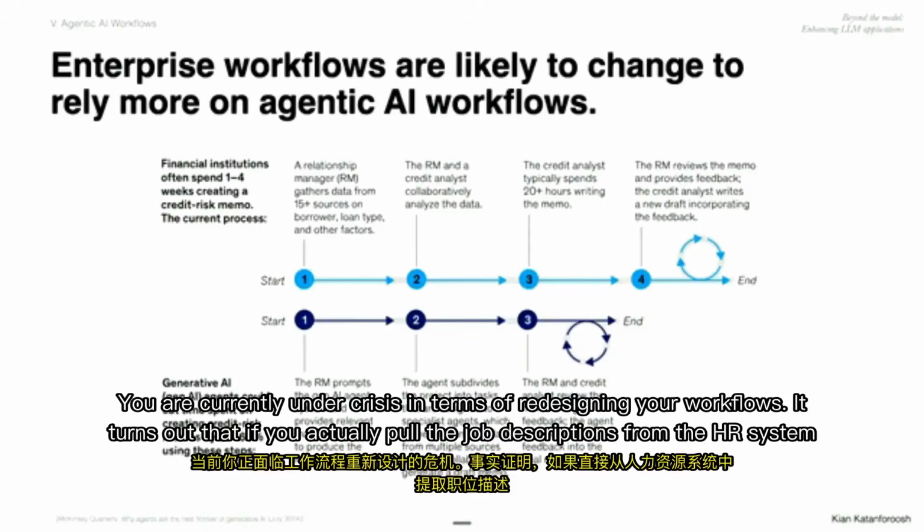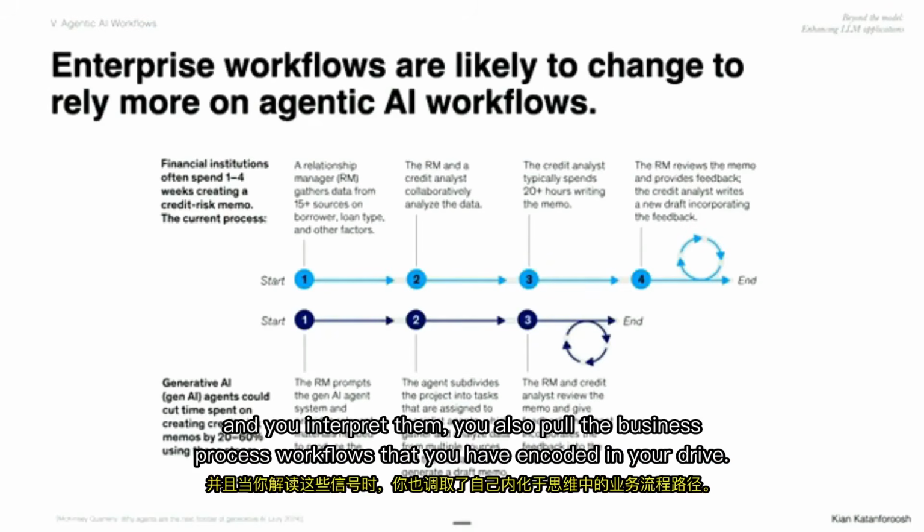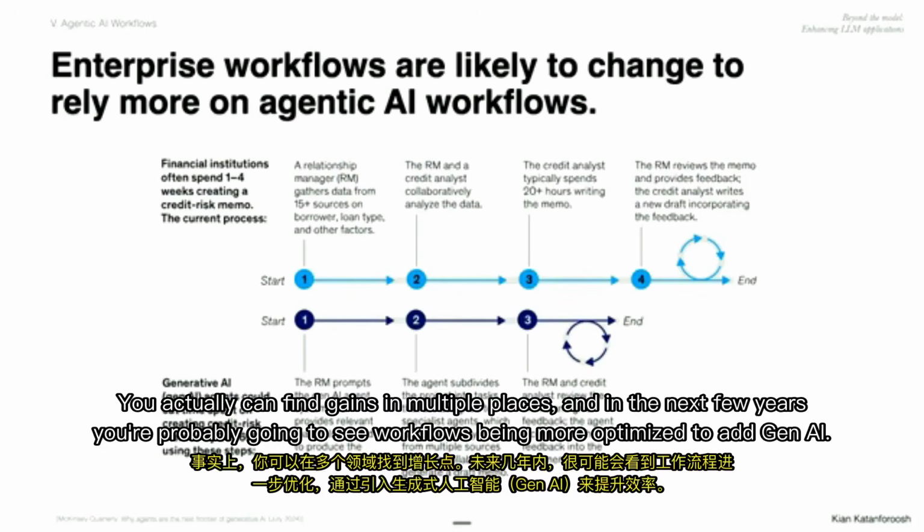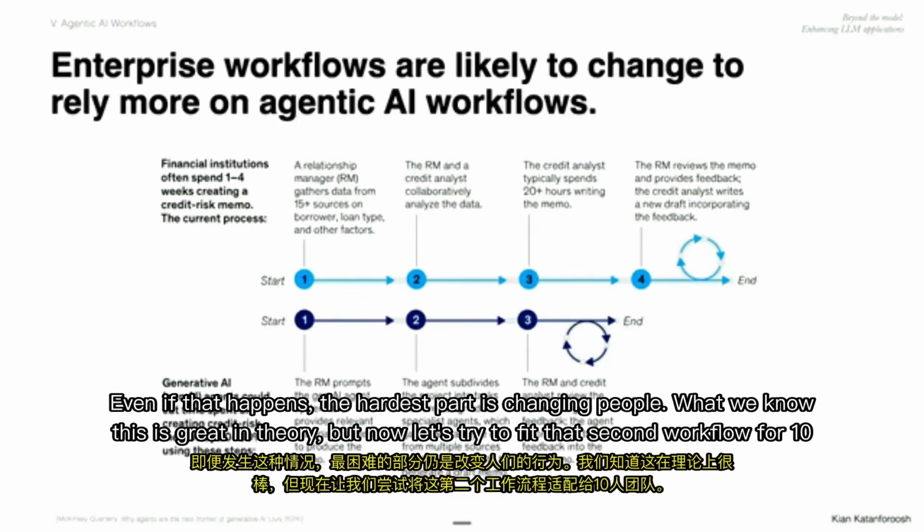You are currently in crisis in terms of redesigning your workflows. It turns out that if you pull the job descriptions from the HR system and interpret them, and also pull the business process workflows that you have encoded in your drive, you can find gains in multiple places. And in the next few years, you're probably going to see workflows being more optimized to add Gen AI.